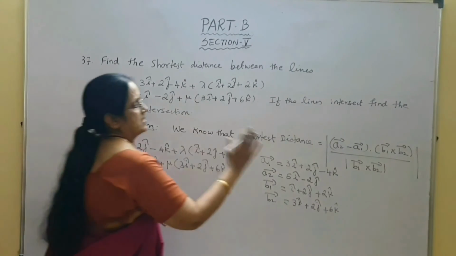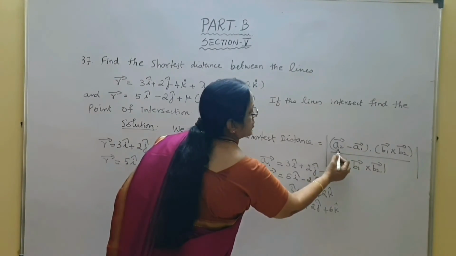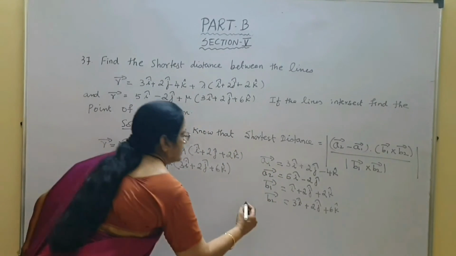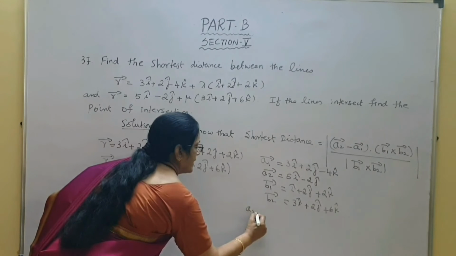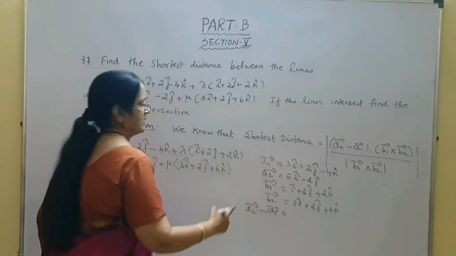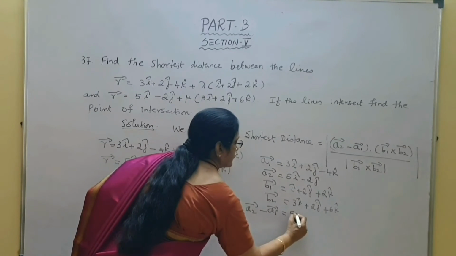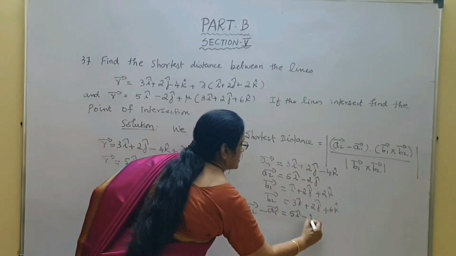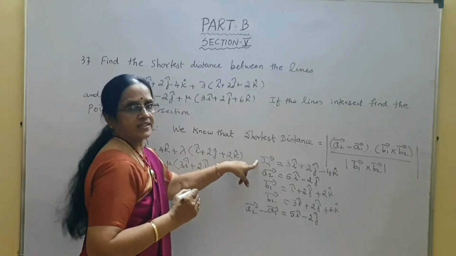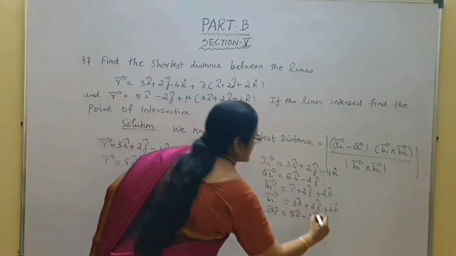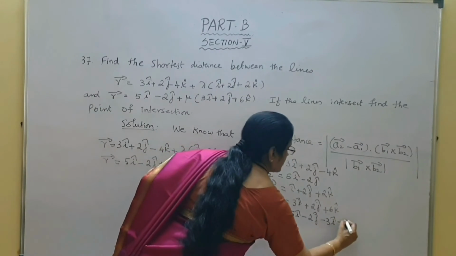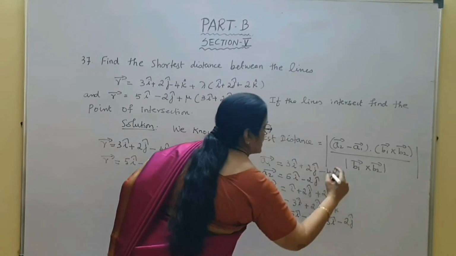Now let us write down what is A2 vector minus A1 vector. A2 vector minus A1 vector is nothing but 5i cap minus 2j cap, then minus of vector A1, so that will be minus 3i cap minus 2j cap plus 4k cap.